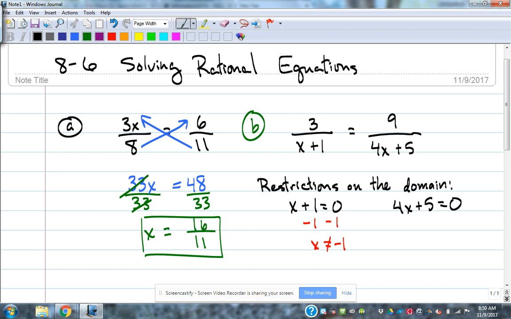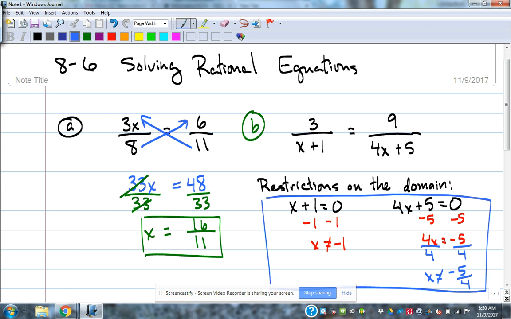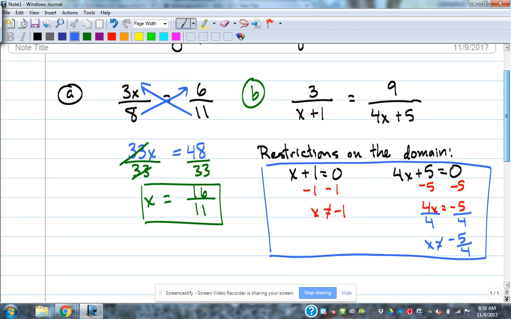Set it equal to 0 and solve it. X cannot be negative 5 over 4. Those are our restrictions. Okay. That's not the answers. That's what the answers cannot be. If one of our answers happens to be one of those, we throw that answer out. That's what that's going to boil down to, really.